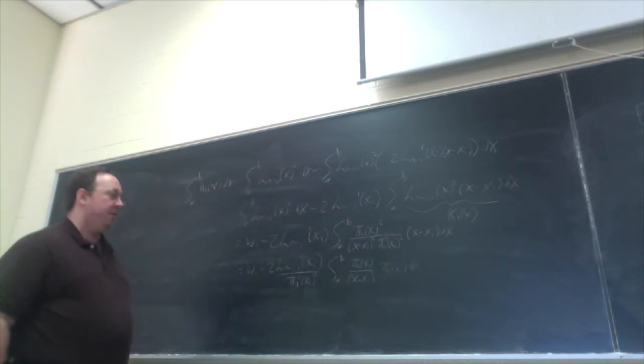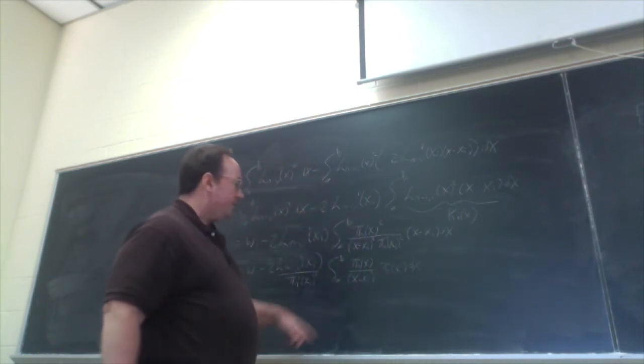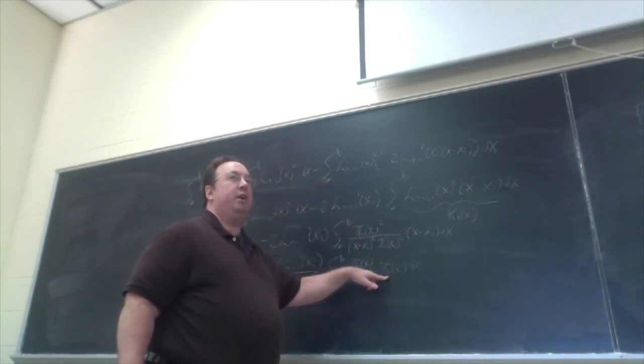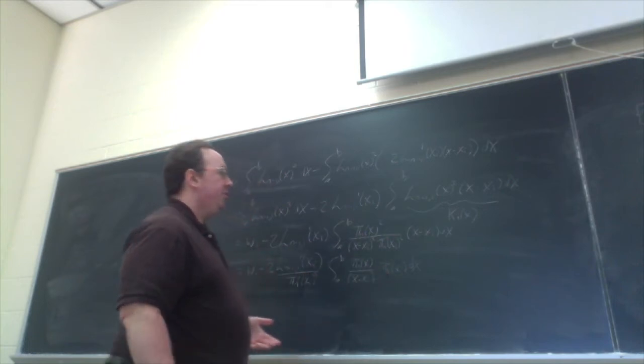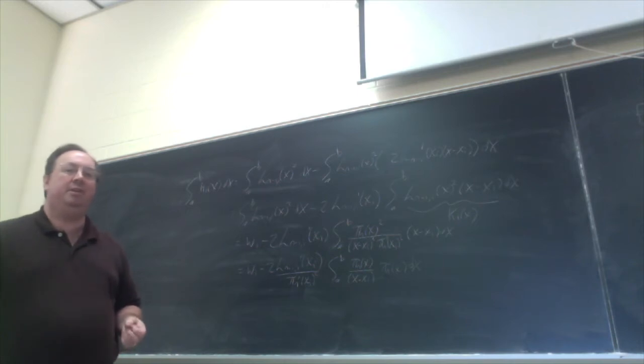Now, this is probably linear factors corresponding to all the nodes. Now, how are the nodes for Gaussian quadrature determined? Where did they come from last time?